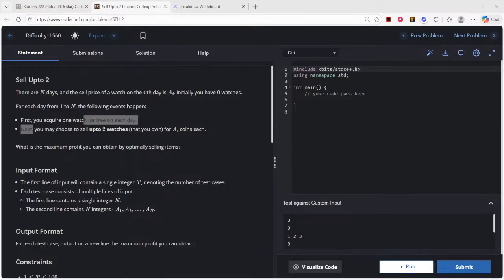So basically on the ith day I have W watches. First of all, I will get one free watch. I can choose to not sell on the day, so the next day I will go up to W plus one watches.